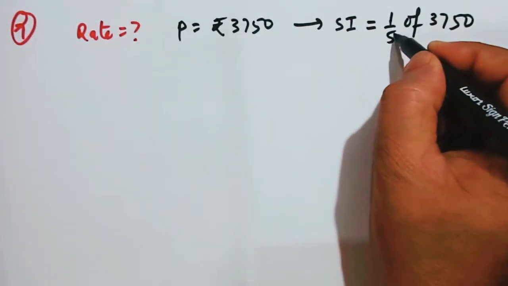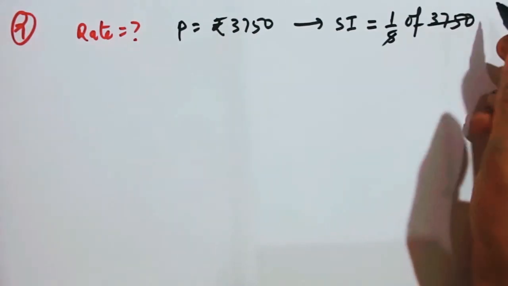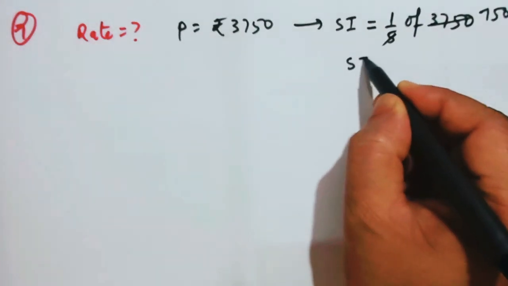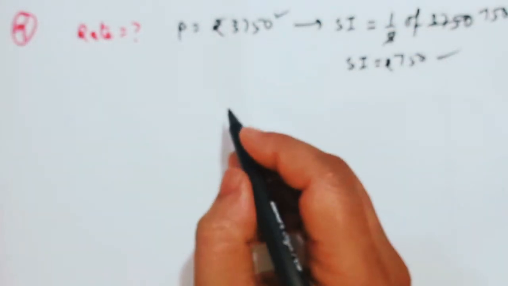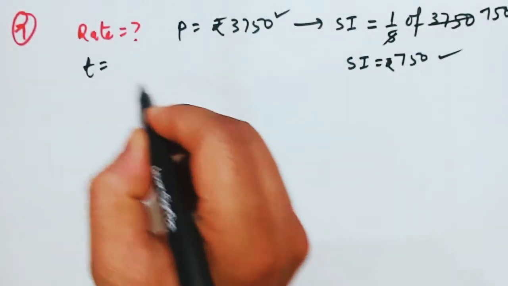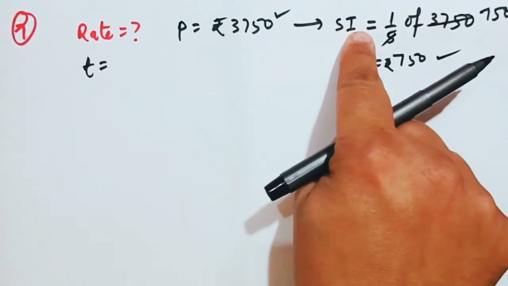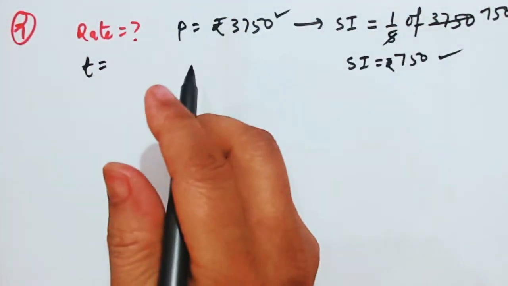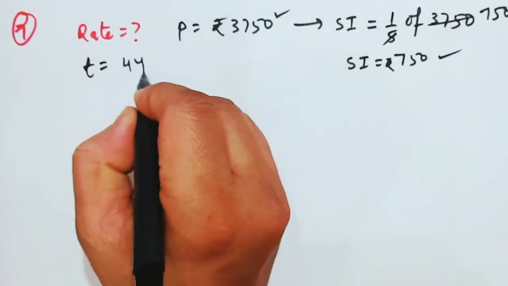So 5 how many times? 750. So you got your simple interest as 750 rupees. You have the principal also. They have given you time also, that the simple interest becomes 1/5 of itself in how many years? In 4 years.